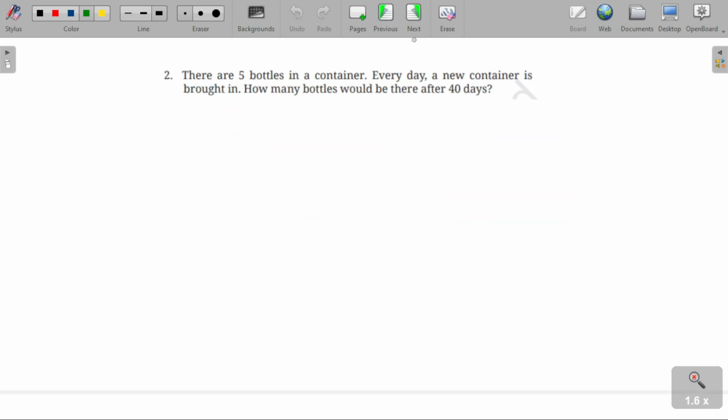Moving to the next question. There are 5 marbles in a container. Every day a new container is brought in, and how many bottles would there be after 40 days? This is simple. There are 5 bottles in a container and every day a new container is brought.